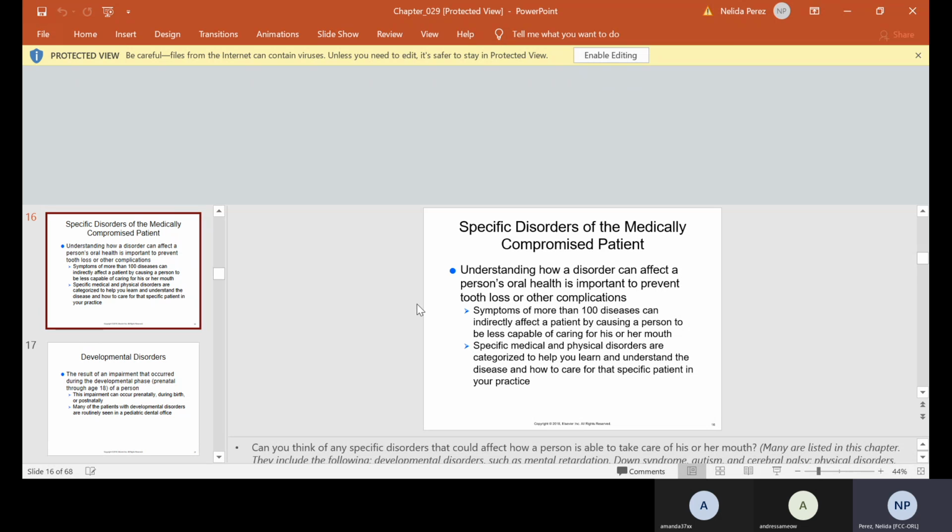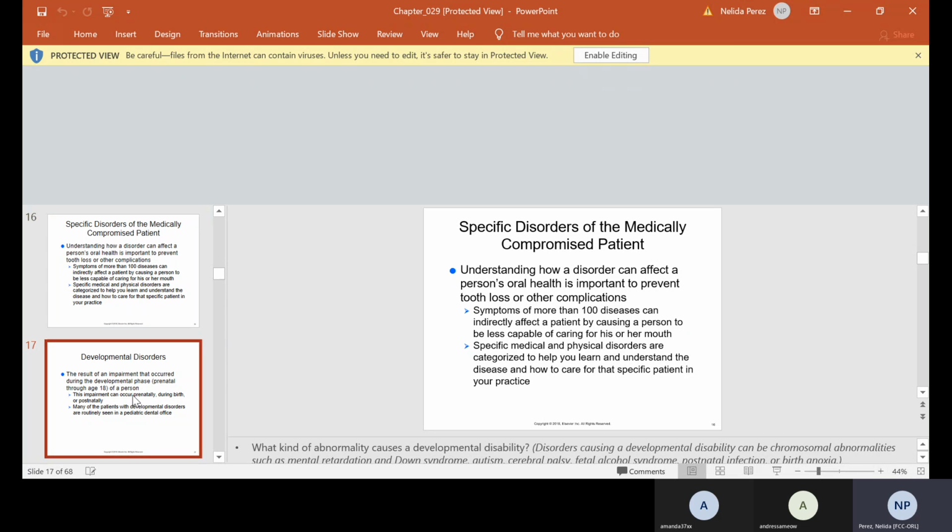Symptoms of more than 100 diseases can indirectly affect a patient by causing a person to be less capable of caring for his or her mouth. Specific medical and physical disorders are categorized to help you learn and understand the disease and how to care for that specific patient in your practice.